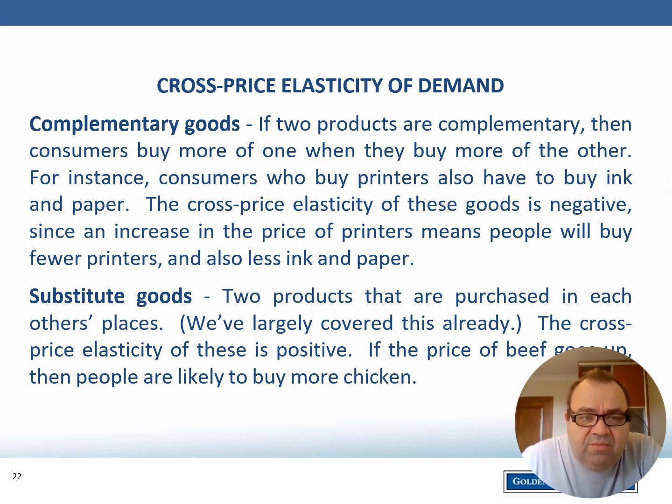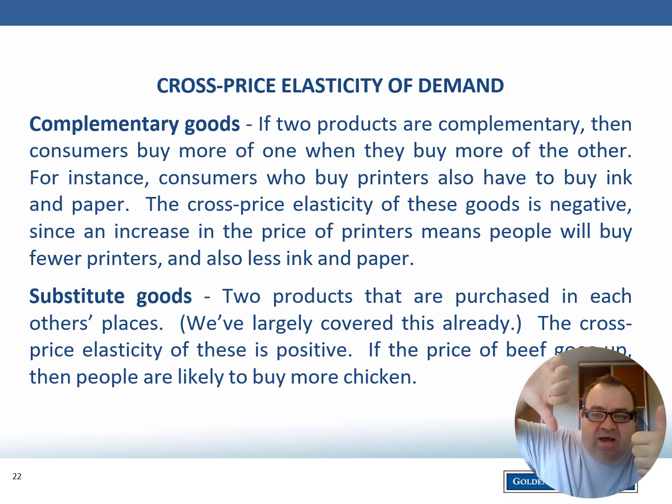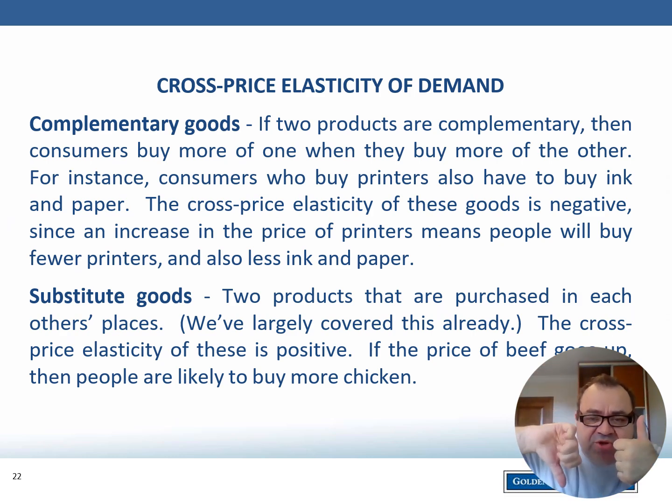If two products are complementary, customers buy more of one when the other is selling more. Cross-price elasticity of these goods is negative, meaning, for example, in the earlier example I gave you, if the price of printers goes up, then the demand for ink cartridges will go down. So that's why it's a negative correlation.